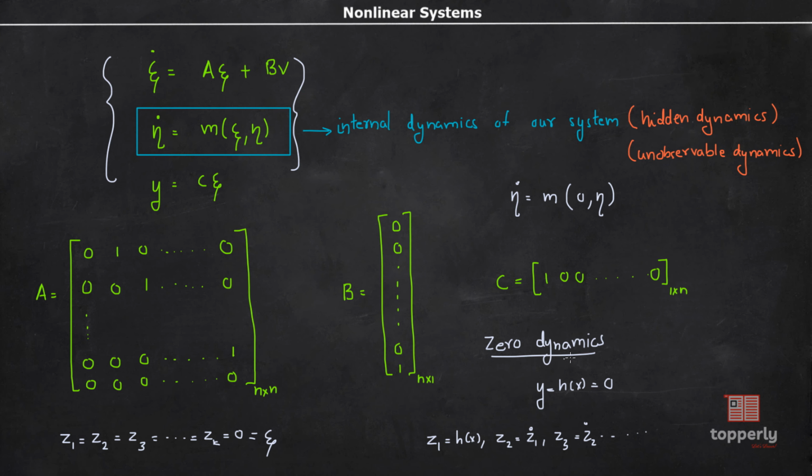The reason this is called zero dynamics is because we are zeroing the output. Once you zero the output, there is a part of the dynamics which is dependent on eta and is hidden. We don't want these eta variables to go unbounded. So, for our feedback linearized system to be stable, the zero dynamics of the system should be stable.